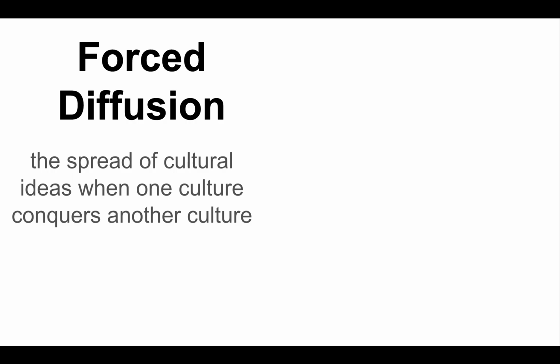Okay, let's talk about the last one, forced diffusion. Well, as you see, this is when the spread of cultural ideas takes place when one culture conquers another culture. And we could look at many examples in history, but let's keep it close to home.